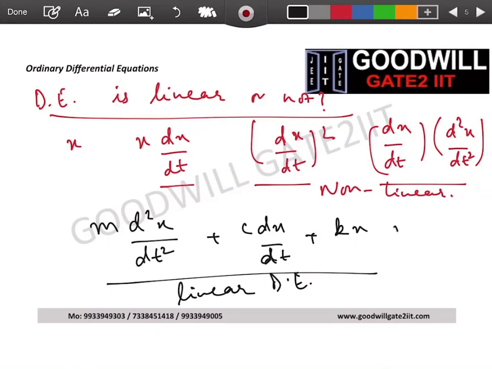So what about this? dy by dx is equal to cot x, the first example. Is this a linear differential equation? Okay, I'm getting some answers. Others also please reply.